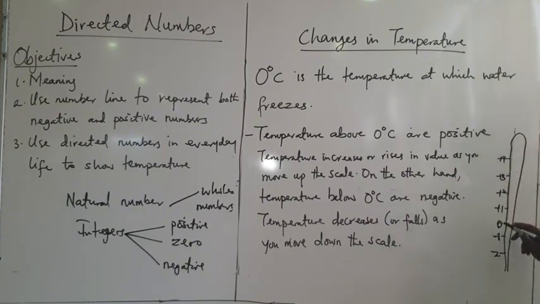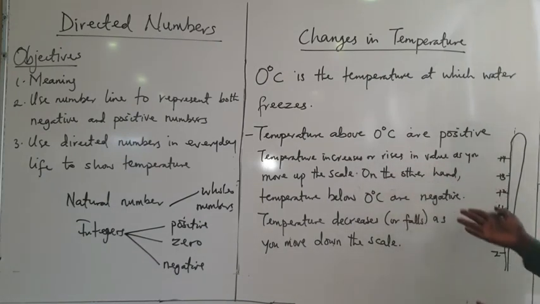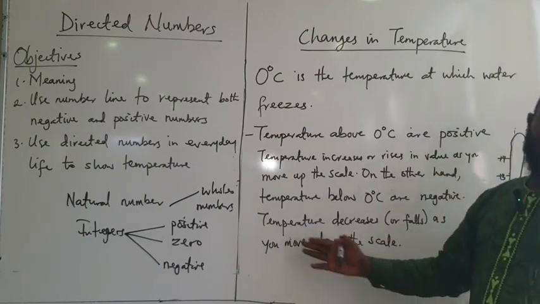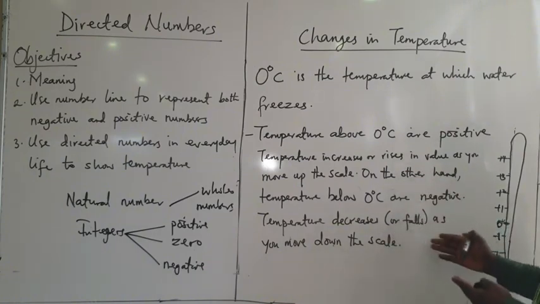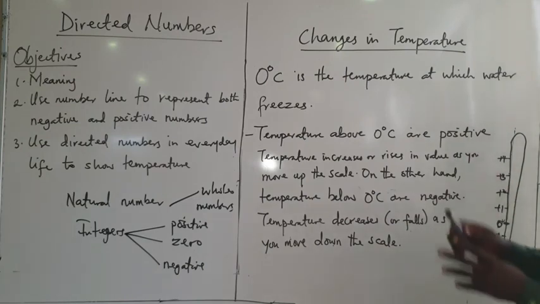So as we move from 0 upward, the temperature what? Increases or what? Rises. So on the other hand, temperatures below 0 degrees Celsius are what? Negative. So temperature decreases or falls as we move down the scale. So that is that on temperature and directed number.